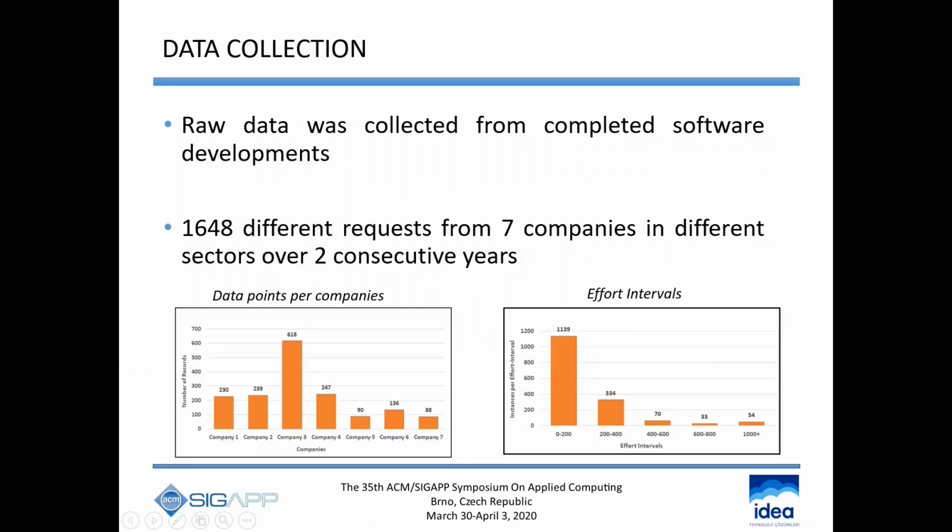So for this purpose, we have collected data from our system, which contains 1,648 complete software development tasks from 7 different companies over 2 consecutive years. In the figure on the left, the number of requests coming from the companies is very different for each. The reasons for this can be such as some customers may use more than one software product.